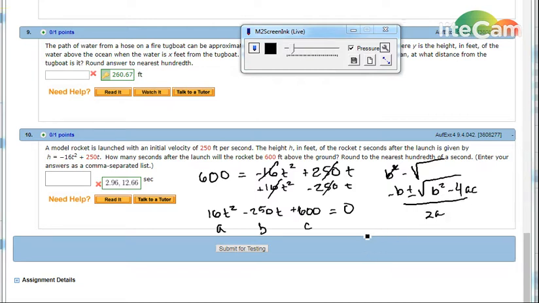Plugging in a, b, and c, we get the negative of negative 250, which is 250, plus or minus the square root of 250 squared. Negative 250 squared is going to be a tricky one to do without a calculator, but let's see.